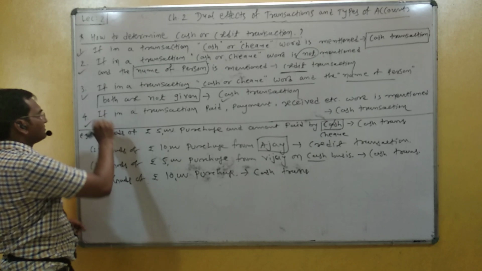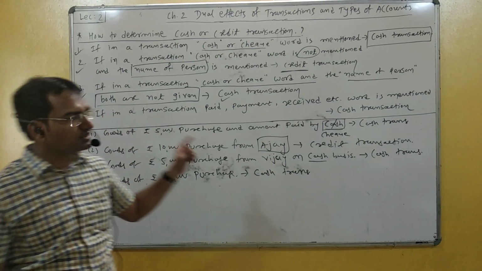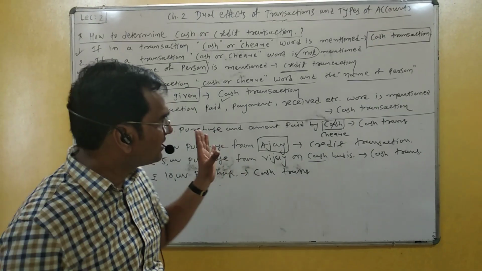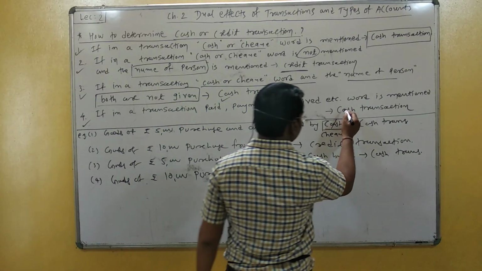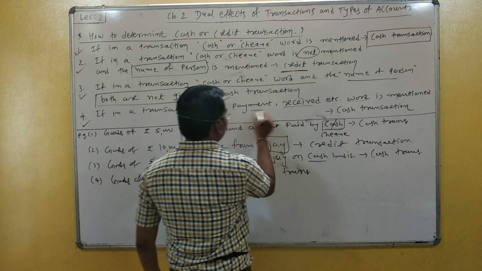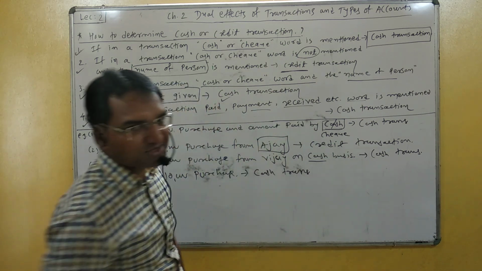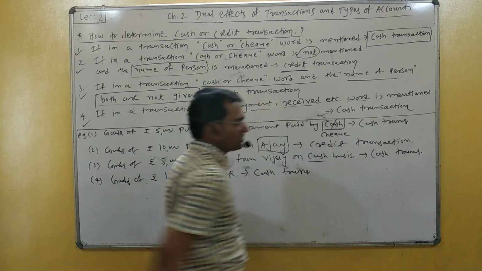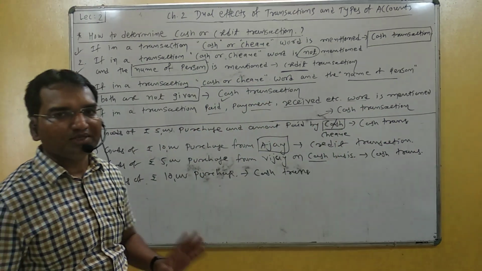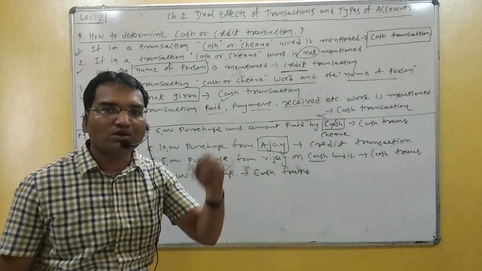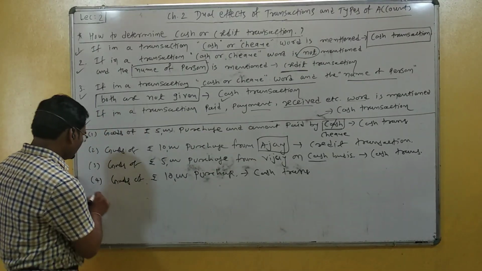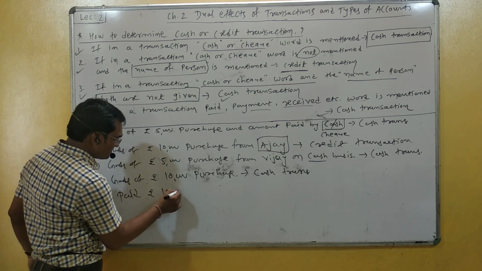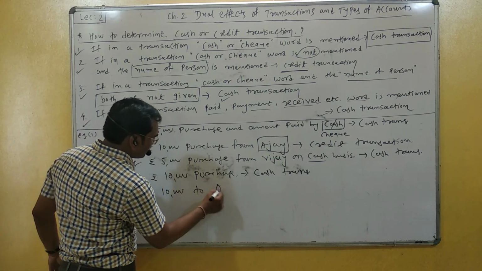Fourth rule: if in a transaction the word paid, payment, received, etc. is mentioned, it is treated as a cash transaction, whether the name of a person is given or not. For example, paid rupees 10,000 to Ajay.